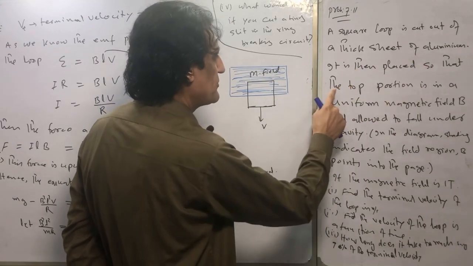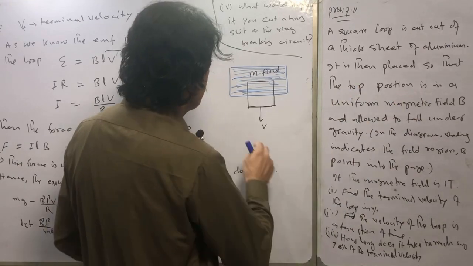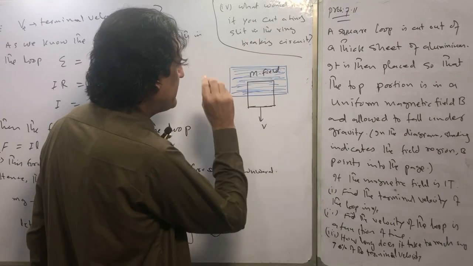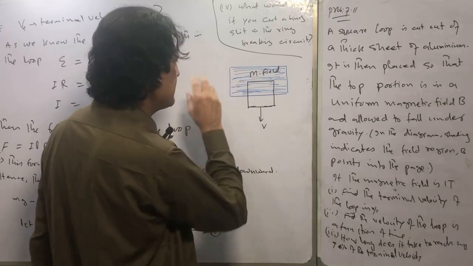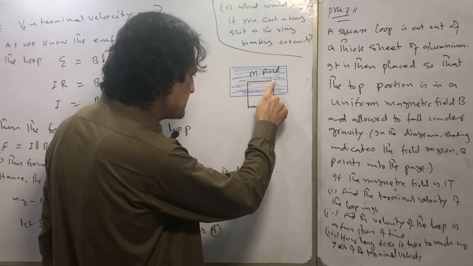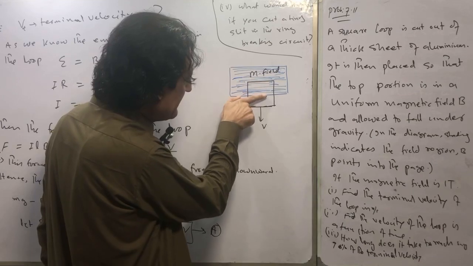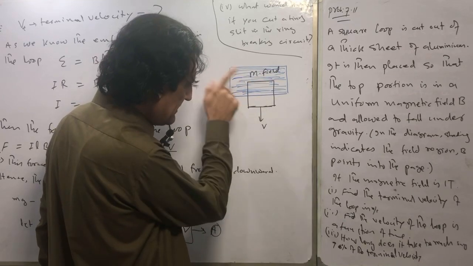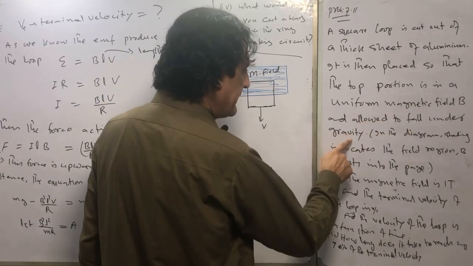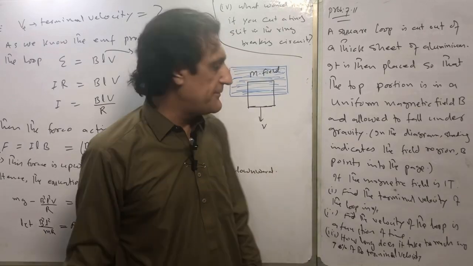It is then placed so that the top portion is in the uniform magnetic field B. This shaded area denotes the magnetic field; some portion of the square aluminum sheet is in the magnetic field and some is outside, and the whole system is allowed to fall under the action of gravity.